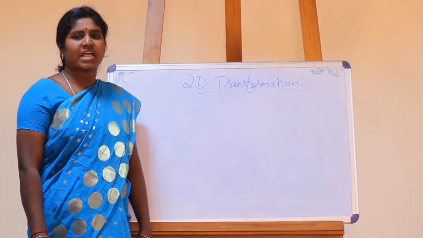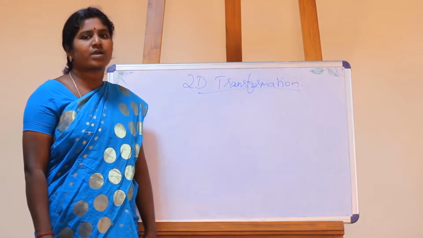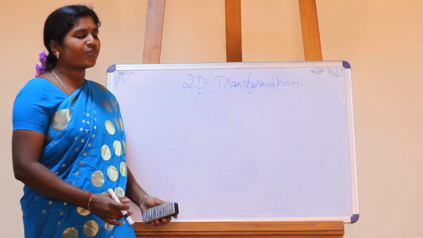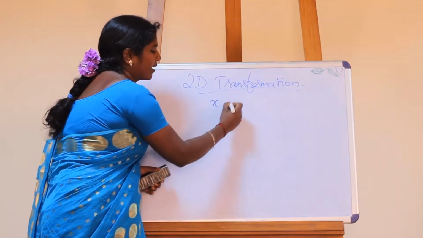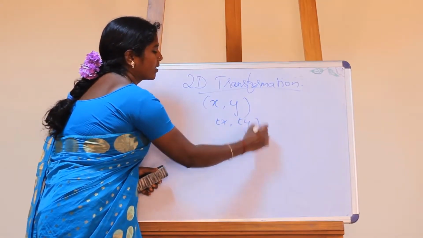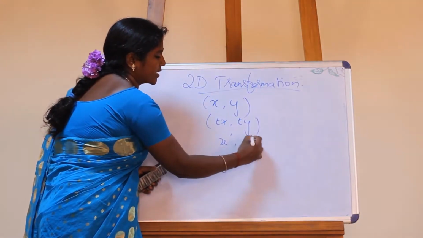First we see translation in detail. Translation means translating your object along a straight line path. For example, if you take an original position x, y, and the translation values tx, ty, then you get a new position x dash, y dash.